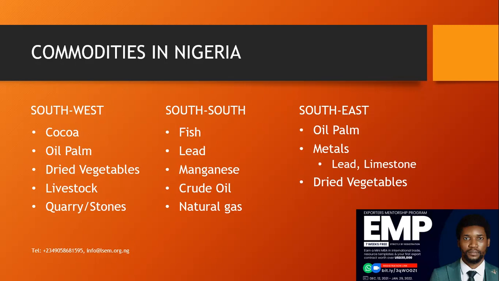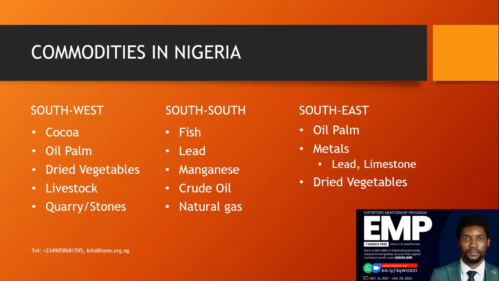So one of the reasons why we added West Africa commodities into these classes is so that we can look at it and say, okay, can I export my commodity from Nigeria to Niger, to Benin Republic, to Ghana, to countries that are just in our neighborhood?